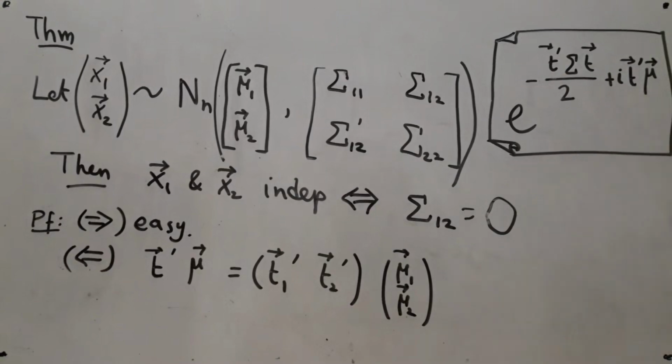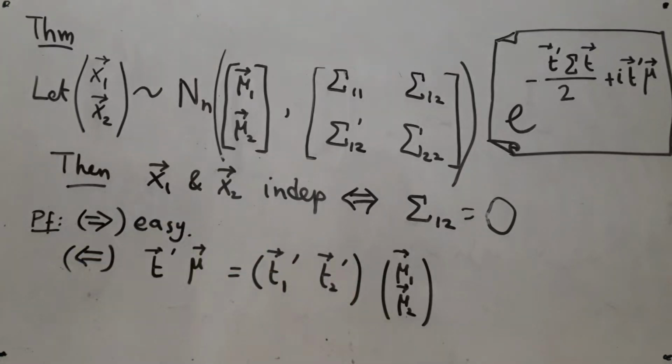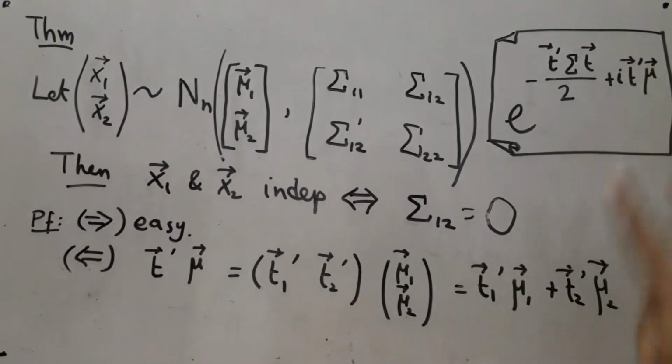This part, t prime mu, can be written as t1 prime, t2 prime, which are now lying down as row vectors, times mu1, mu2. By the rule of partitioned matrix multiplication, I know that these blocks can be treated as ordinary numbers, and the product will be this times this plus this times this. So this term nicely splits up into two terms.